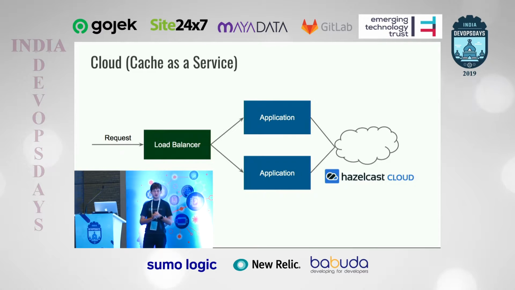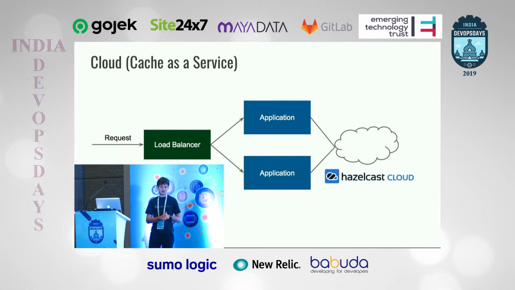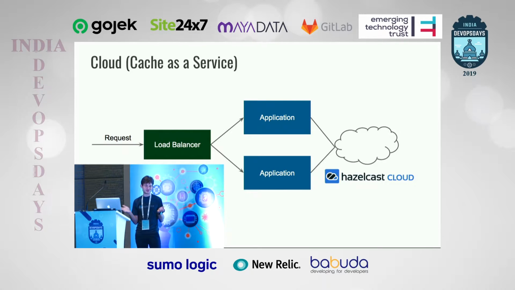So for cache in the cloud, cache as a service, you have to find your cache in a cloud provider. Redis offers Redis Labs. As Hazelcast, we offer Hazelcast Cloud. If you are interested in Hazelcast Cloud, you can go to the cloud.hazelcast.com webpage, create your free cluster and play with this.